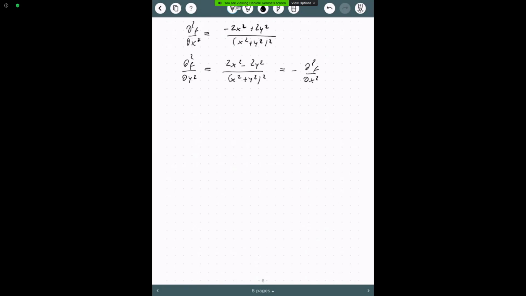Where is number 15? Okay, so we have number 15 now.